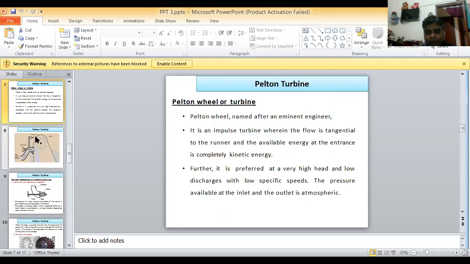Now, the Pelton wheel or Pelton turbine. The Pelton wheel is named after an eminent engineer. It is an impulse turbine wherein the flow is tangential to the runner and the available energy at the entrance is completely kinetic energy.